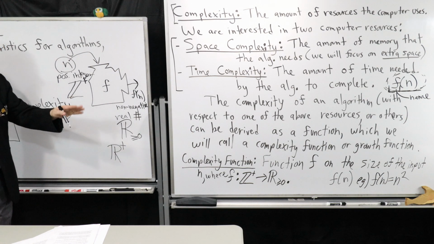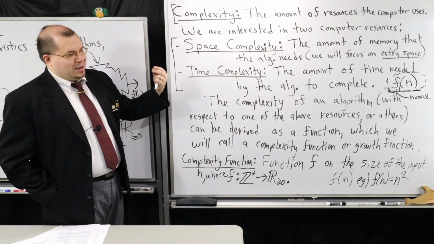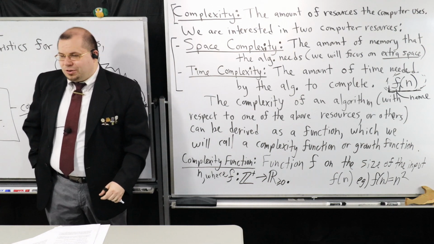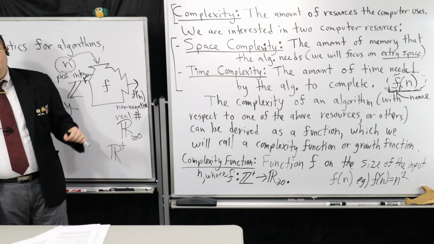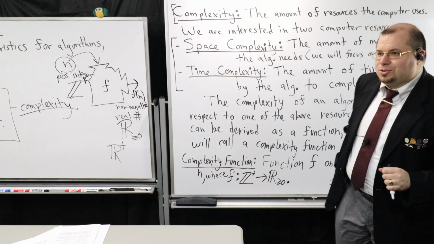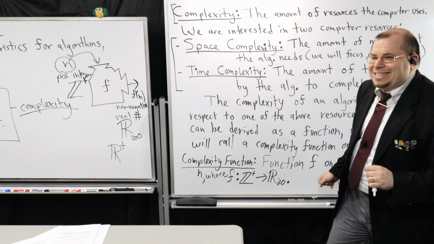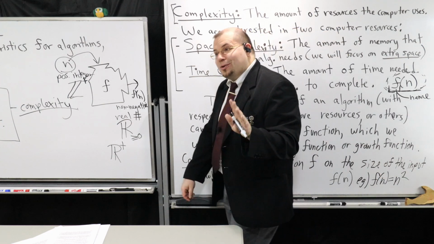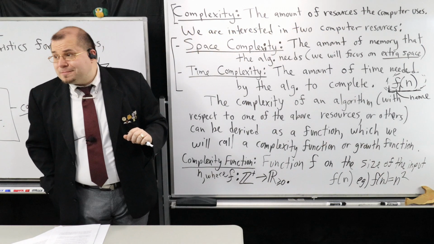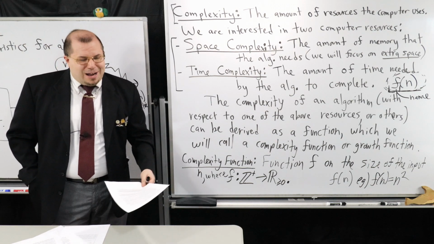This is how we're going to be formulating a lot of our measurements, the so-called complexity function. So are there any questions about the idea of a complexity function? We're going to see tons upon tons of examples of these. So if you feel like you need to see more than just this example, don't worry, we'll be seeing a lot of examples. This will be one of those little things that we're going to pick up over time.